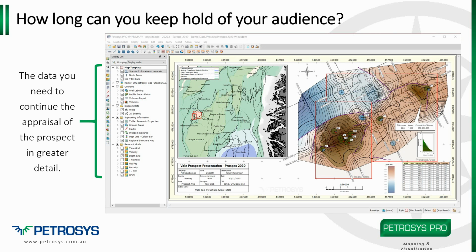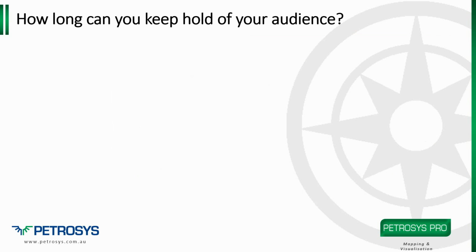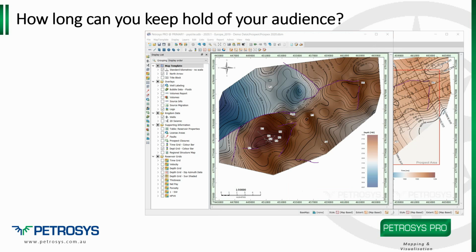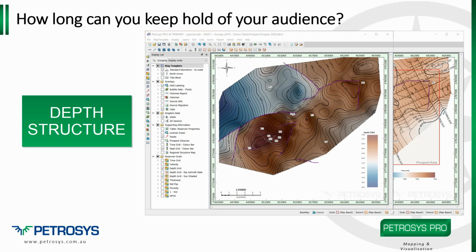The detail that you might wish to select from the data tree and discuss could include the time interpretation. It's worth taking a moment to note the contour annotation. It has been placed in areas where overposting with other data is minimized. Depth structure with additional sun-shaded effect. It is easier to see this map's interpretation of the faults and the strong surface-fault relationship.